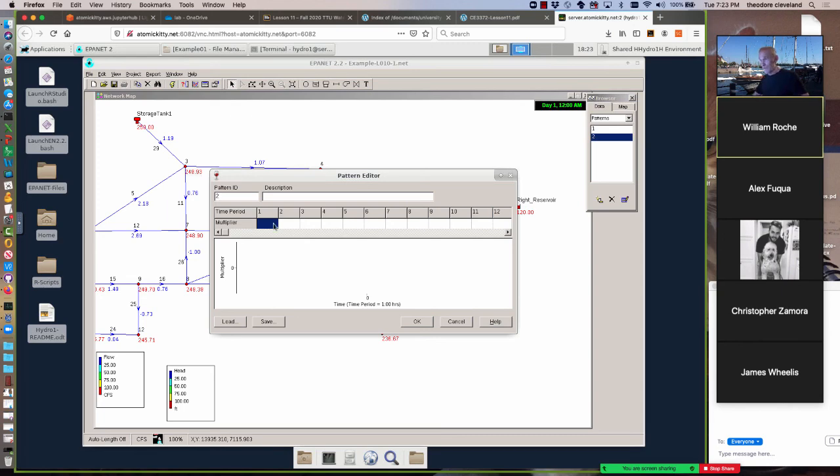And then here's where we would supply multipliers. So I'm going to run a pattern that's, we'll run 12 instances of 0.75. And you can see how the drawing is changing as we add information.